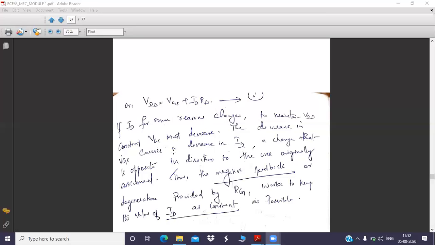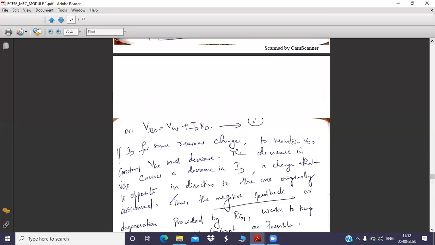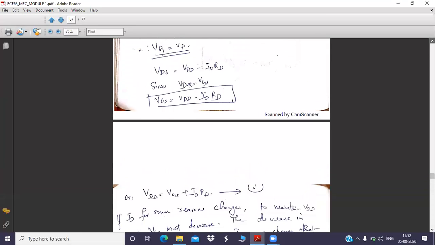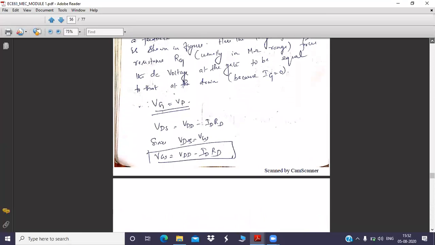Now, please read this particular paragraph and try to define which resistance is offering the negative feedback here.